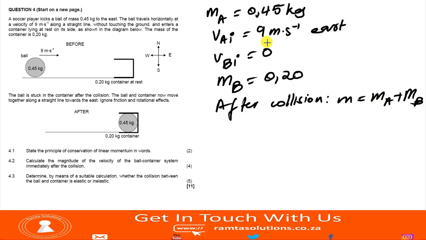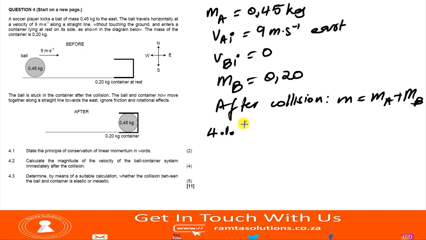State the principle of conservation of linear momentum in words. Remember, you can also state it as a mathematical expression in letters. So what did we say?